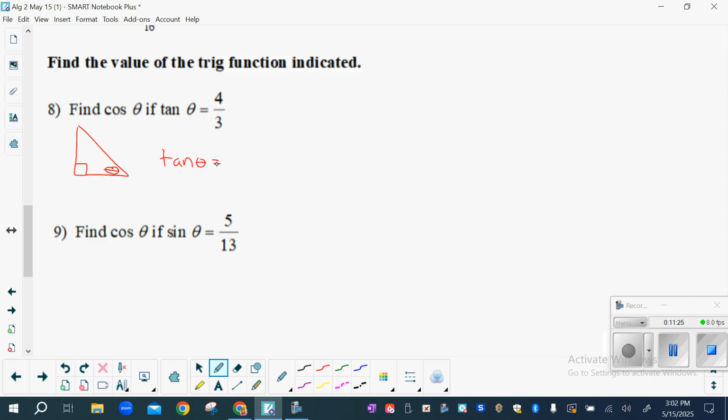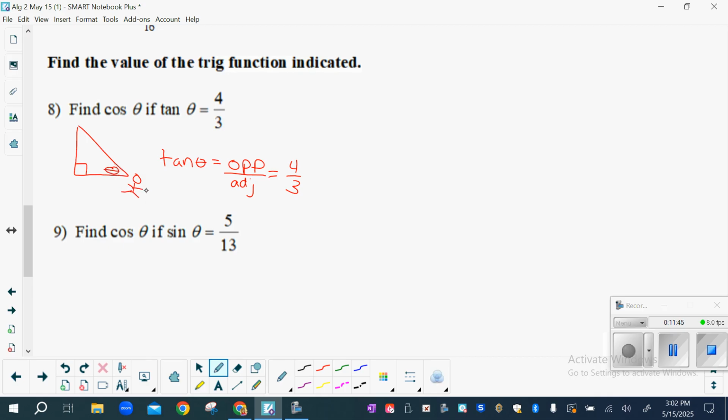Tan theta is what over what? Opposite over adjacent. So we have 4/3 is our tan theta. So the opposite side from that is 4. Over here, I'm going to draw a little person.